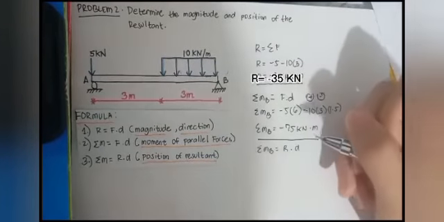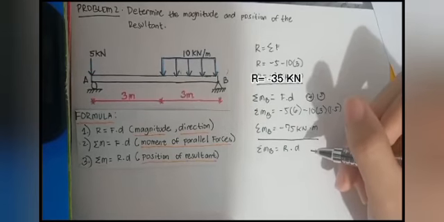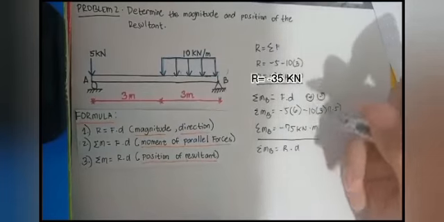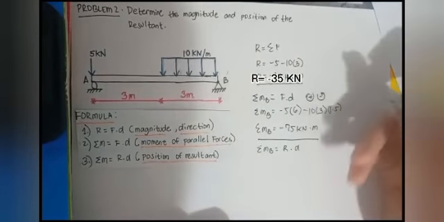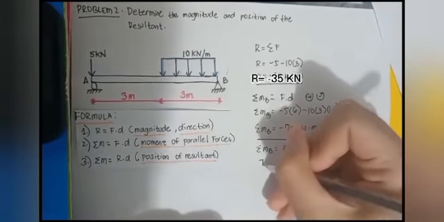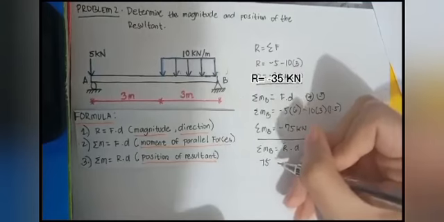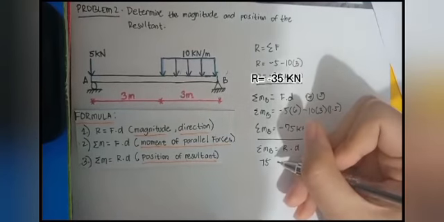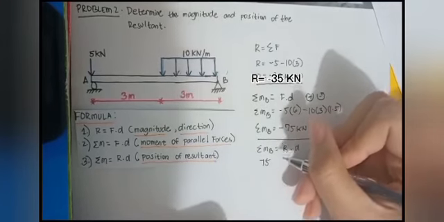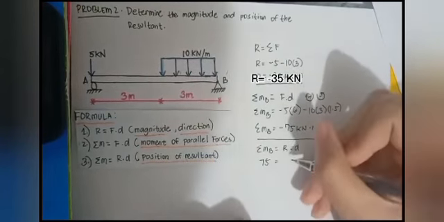The last step is to find the distance of the resultant so we can locate its position on the beam. So the summation of moment B is 75. We're not going to put the sign because we're just going to find the distance. The distance will not be negative, so we're not going to write the negative sign.